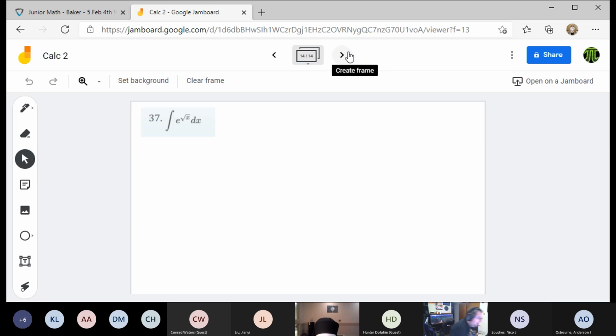So we're doing the integral of e to the square root of x. So yes, this problem is integration by parts, so we're probably going to have to do that. However, looking at this problem, what would be the first thing you would think to try to do?